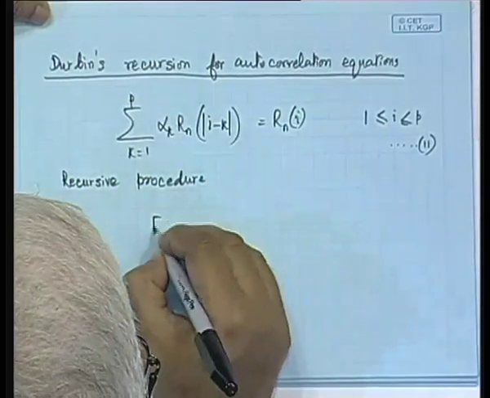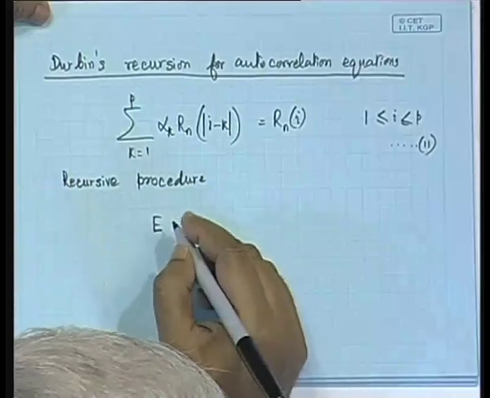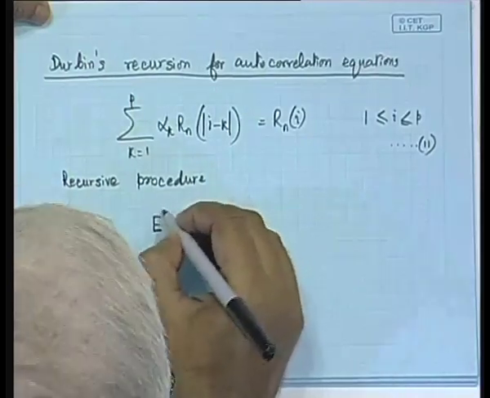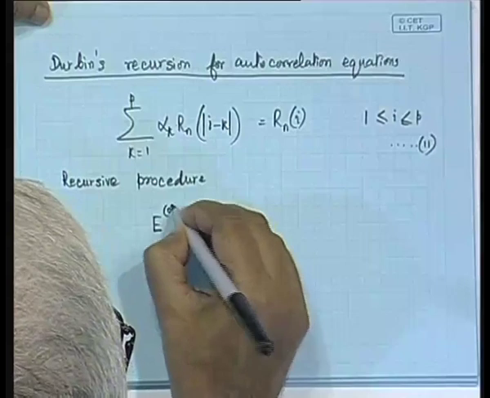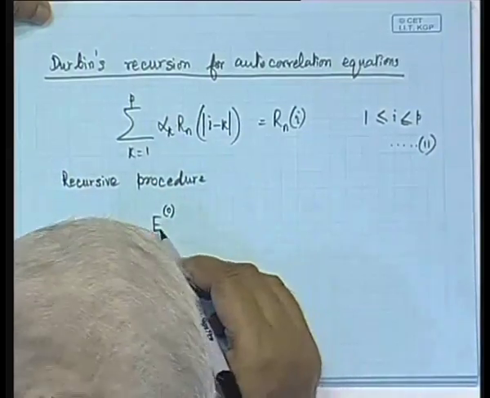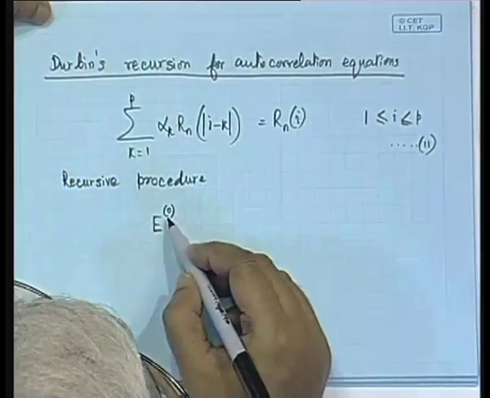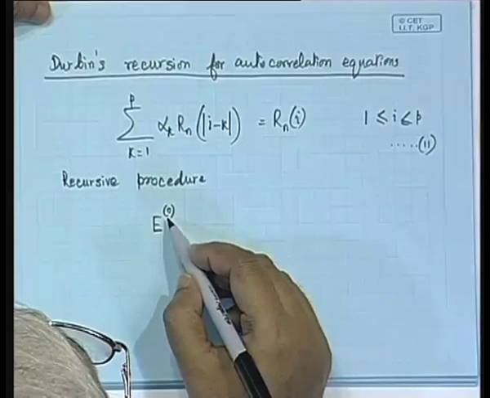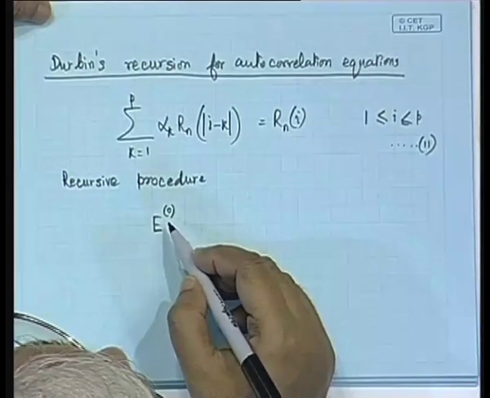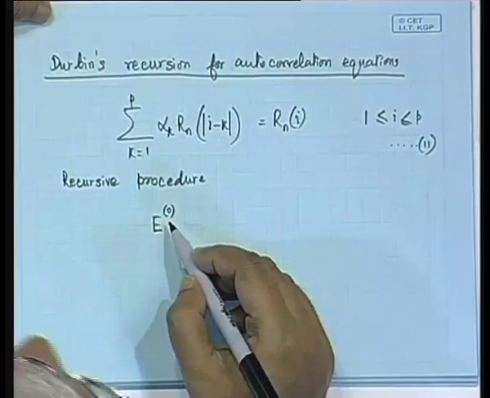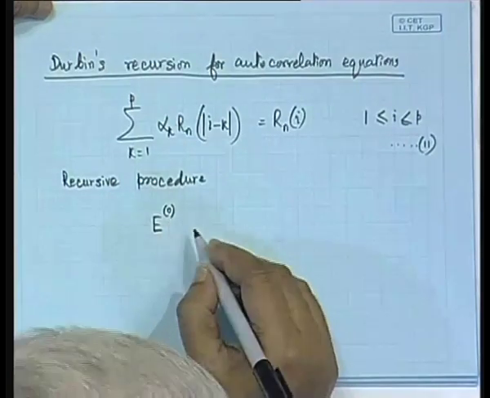We write E, the error, and the initial or 0th estimate of the error we write as E with a superscript 0 within parentheses, which means it is the initial condition.